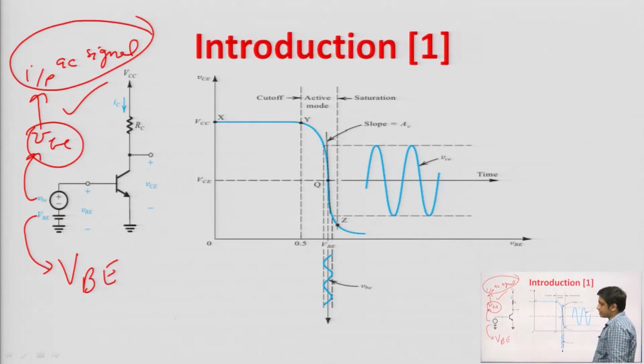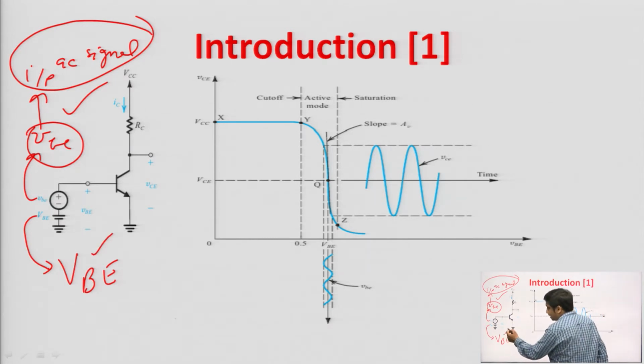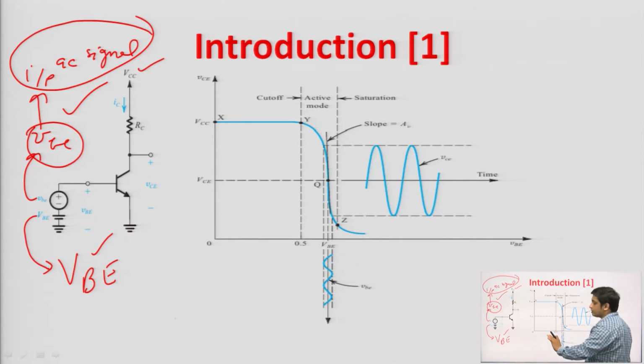So, in amplifier circuit, one is your DC bias voltage, that is VBE, and another one is VCC, that is the supply voltage, this is the bias voltage.